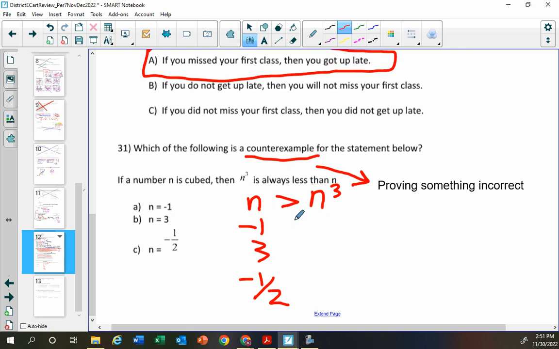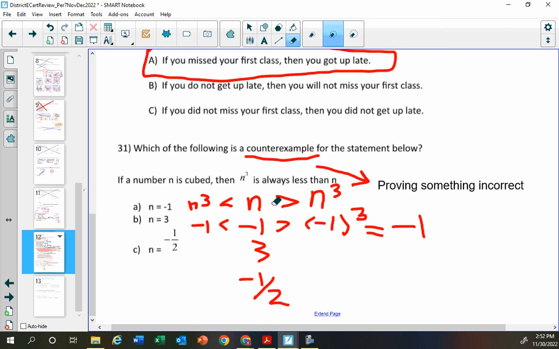But is that necessarily true? If you take -1 to the third power, what do you get? -3? No, it's -1. Is -1 always less than -1?